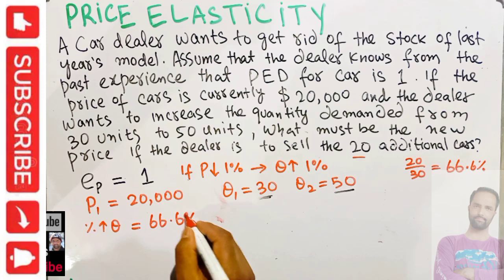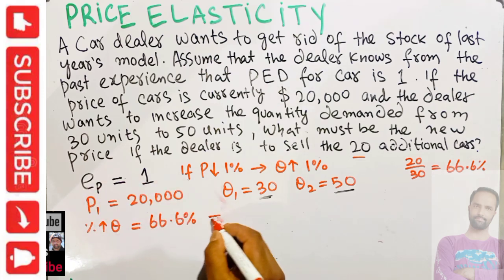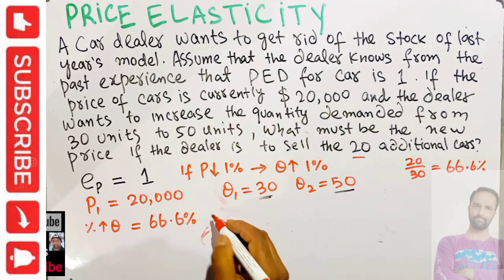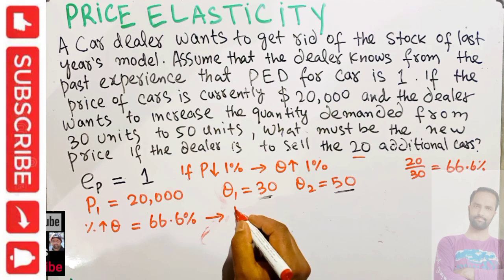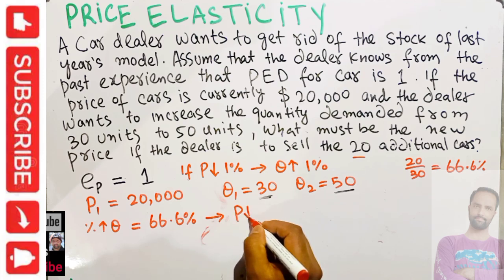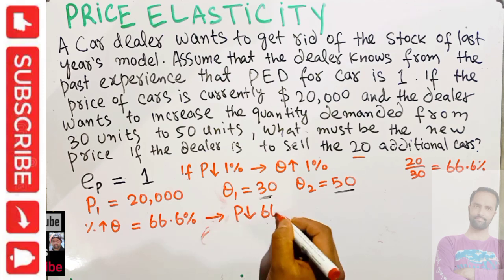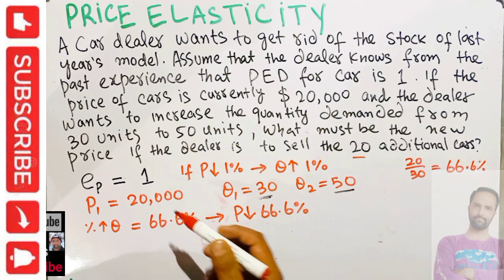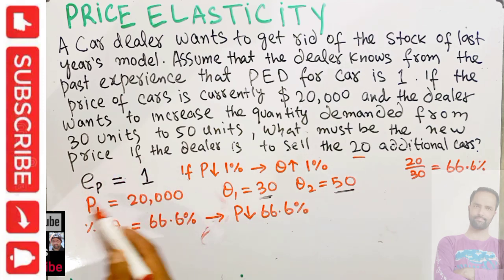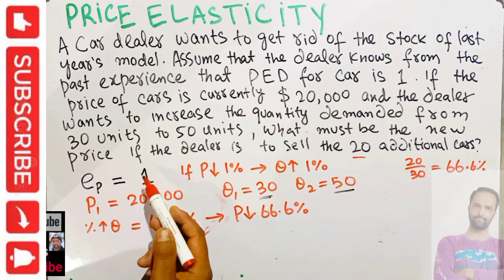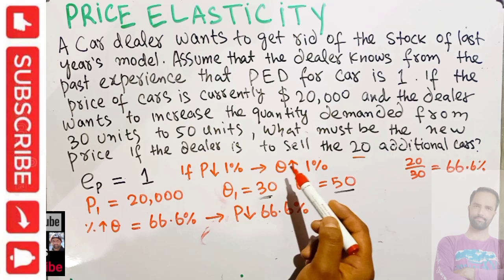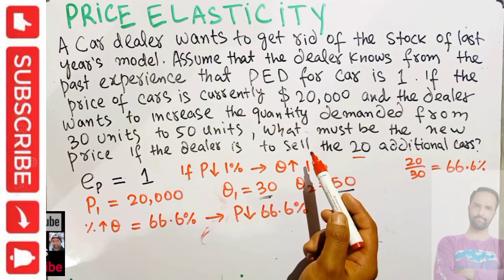Since elasticity of demand is 1, that will lead to a price decrease by 66.6%. Again I repeat, since the price elasticity of demand is 1, a 1% decrease in price will lead to a 1% increase in quantity demanded.